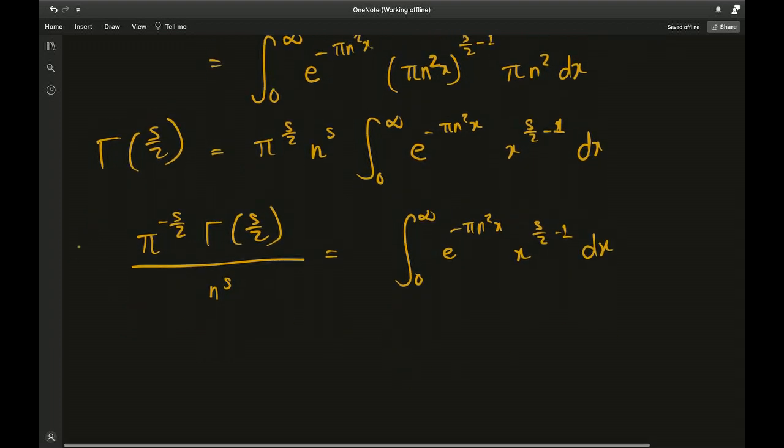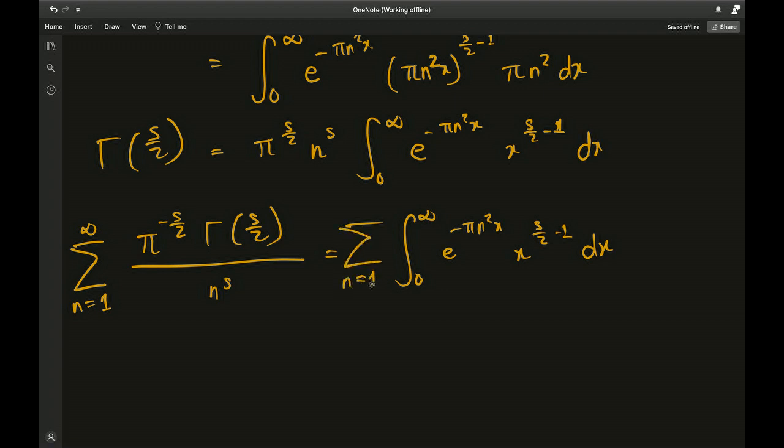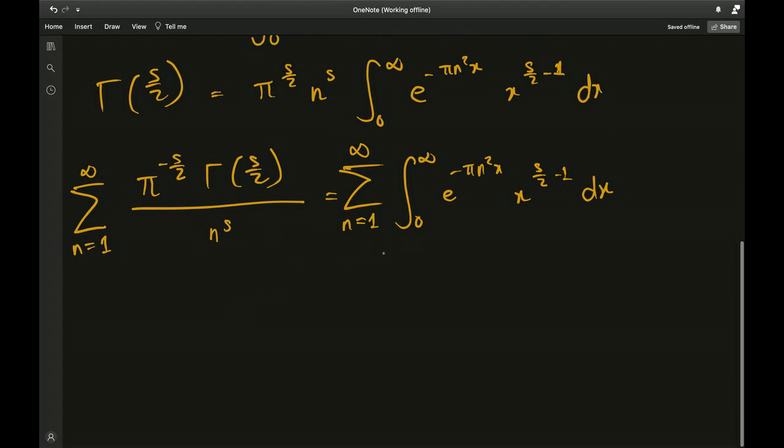Now I'm going to make a sum run from n equals 1 to infinity on both sides. Naturally, I can do that because both these guys are convergent. So now again, by uniform and absolute convergence, interchange these two.